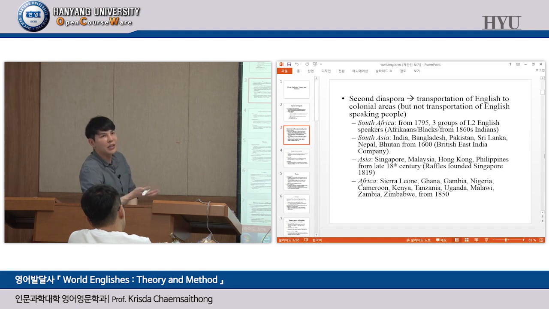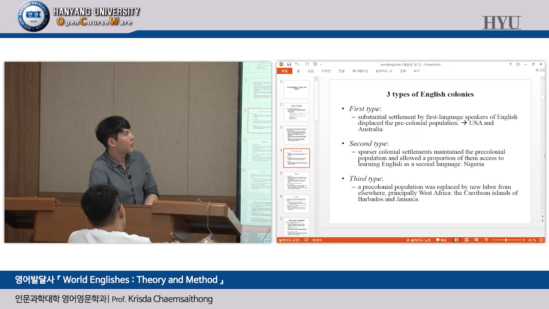It's never like that in the US, right? Because everybody speaks English. So the fact that you can speak English doesn't make you different from other people like that. But in these areas, in the second diaspora, the fact that you can speak English puts you in an advantage, right? Against other people, over other people. Right?